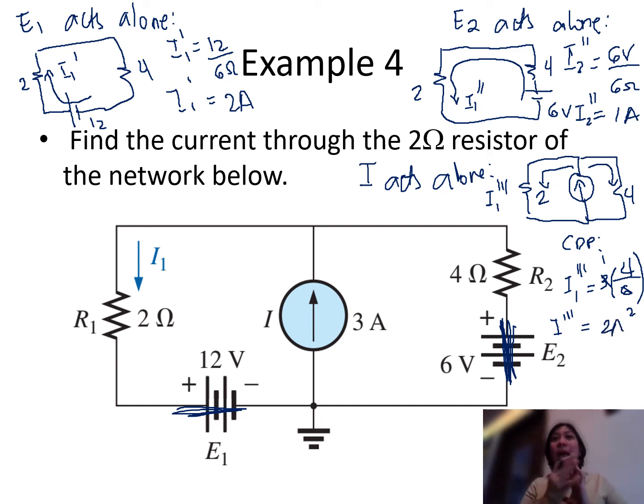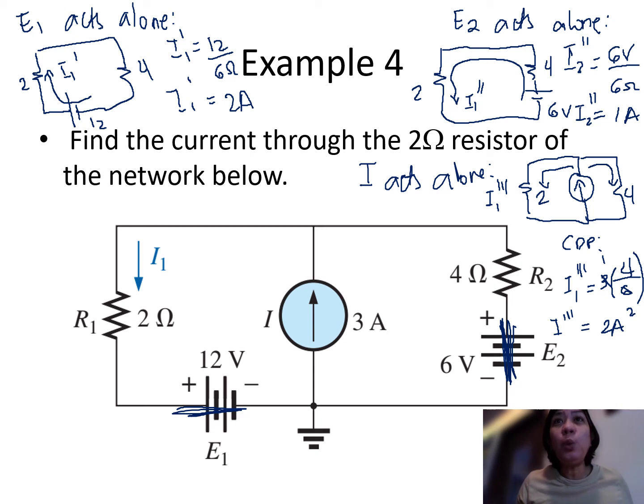Now we have 3 currents and we have to combine them all. By looking at the directions in the diagram, we can say that this current here is the only one which opposes direction.